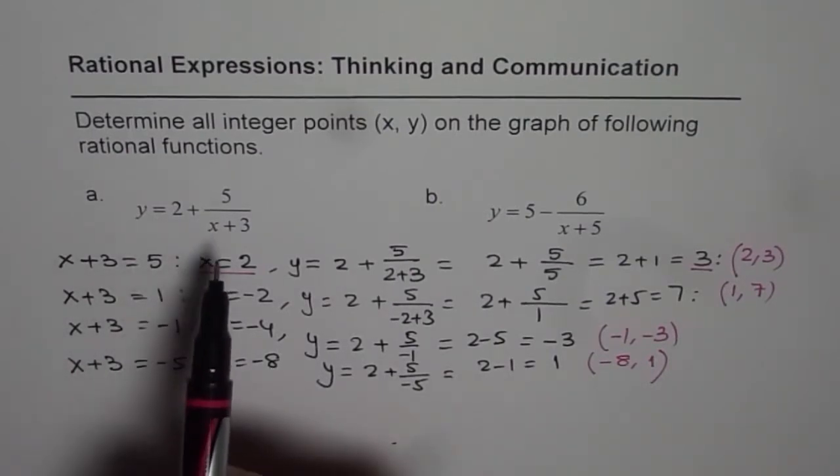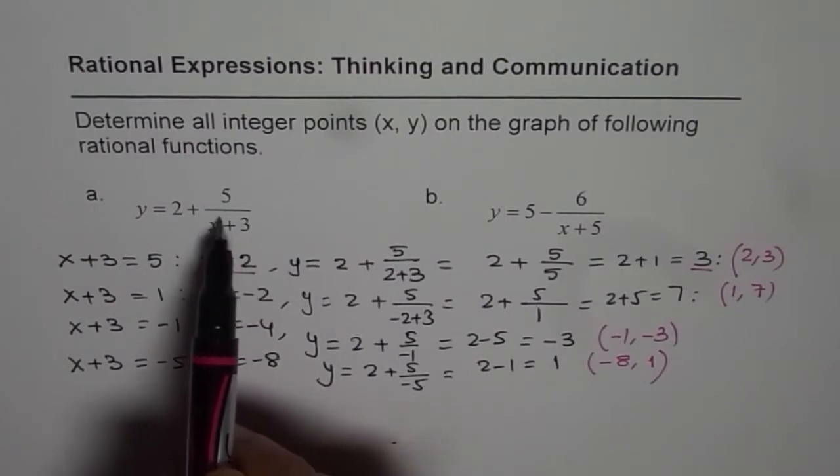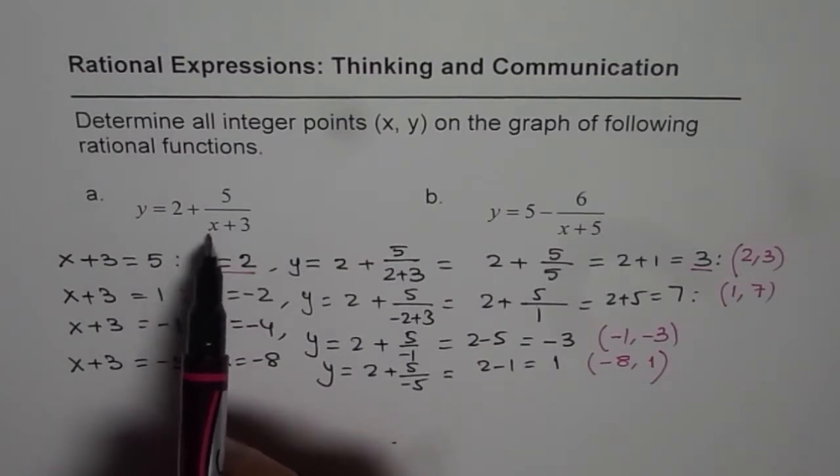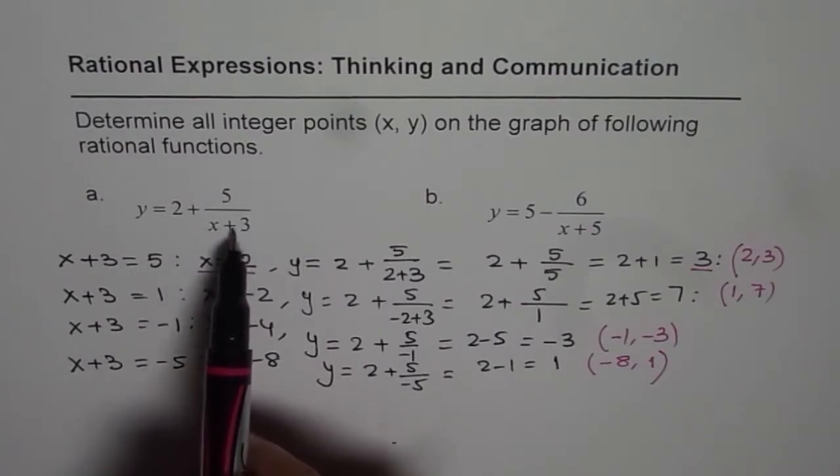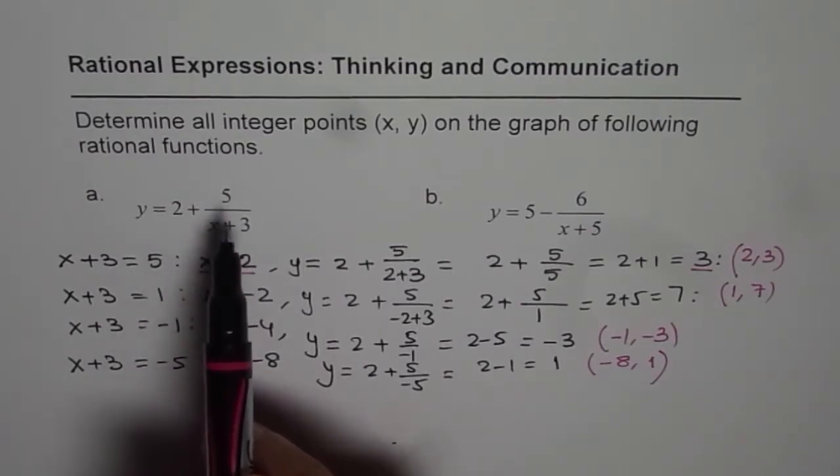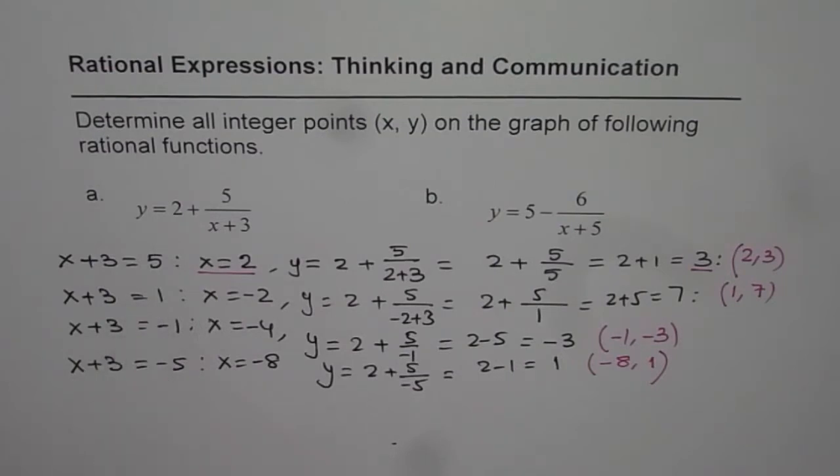So that basically means that the denominator should be such that 5 divided by that number is a whole number, right? So those whole numbers could be these values. Do you understand? That is how we can get all possible answers.